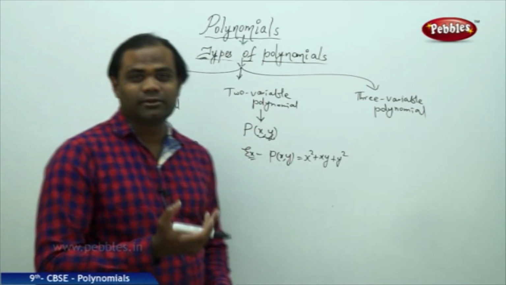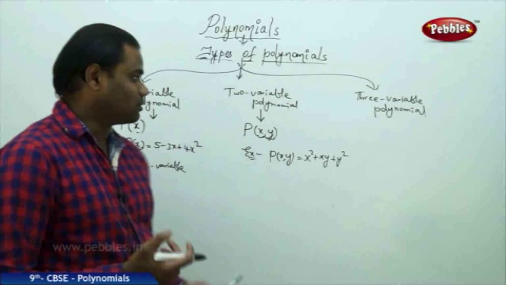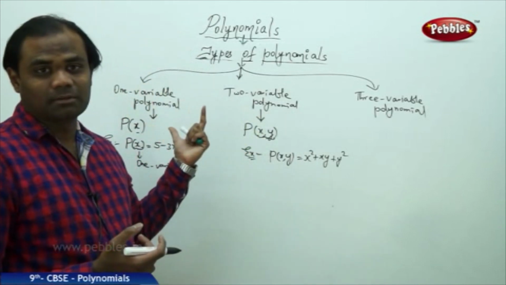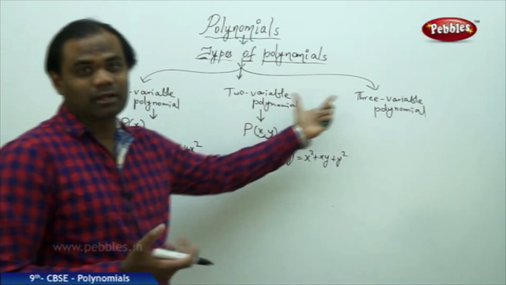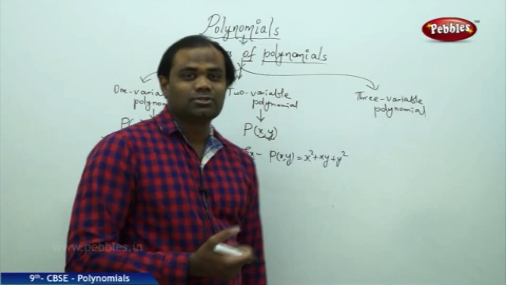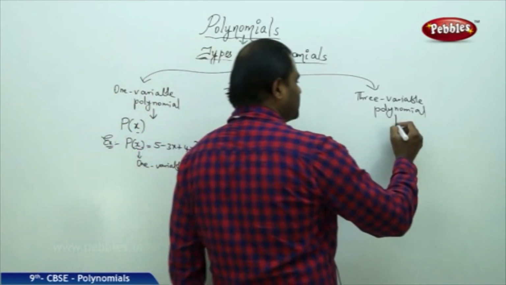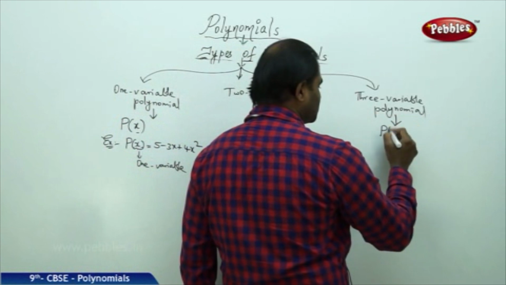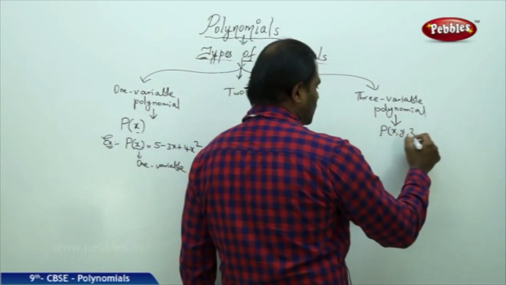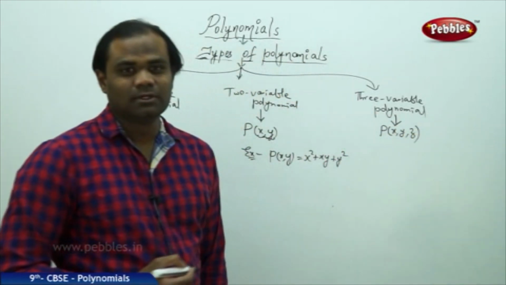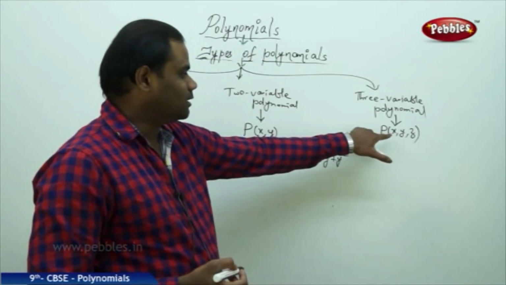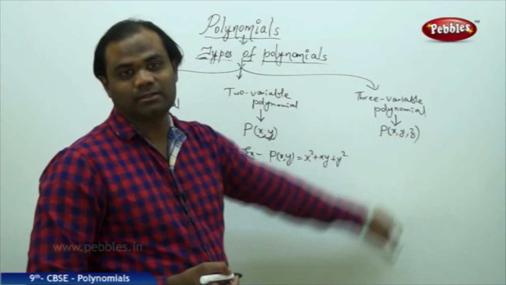Next, let's see a three variable polynomial. Followed by the two definitions, coming from one variable to two variable and then three variable, it is quite obvious that a three variable polynomial would be defined as p of x, y and z. The three variables identified here are x, y and z.